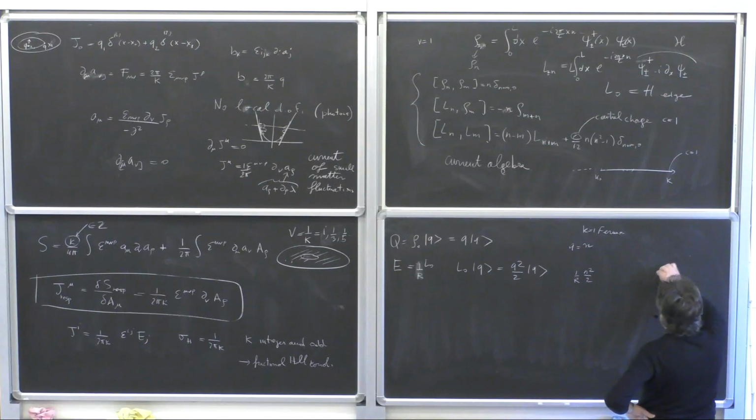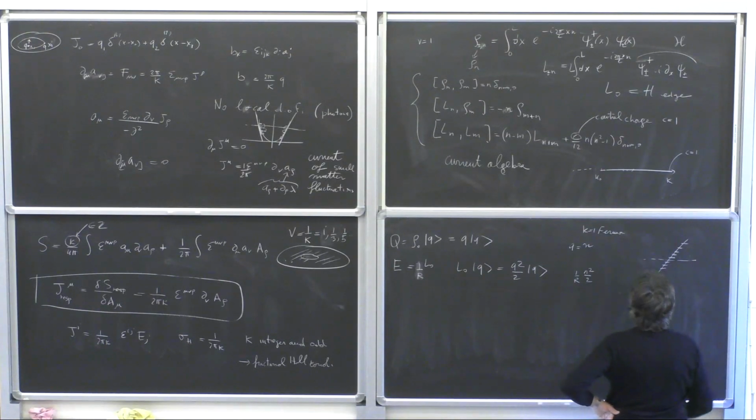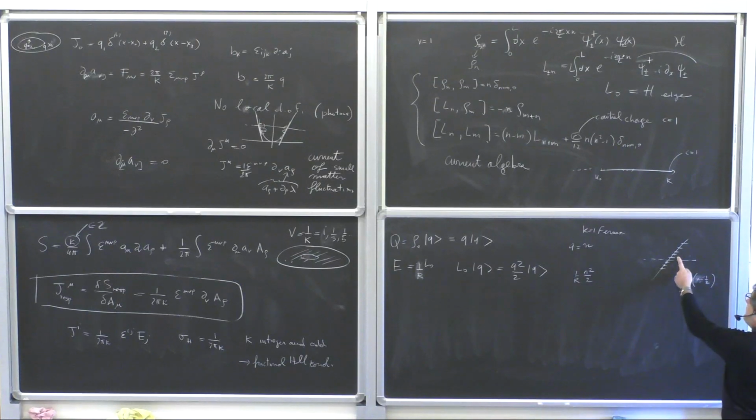So you remember you had this one chiral branch. The energy of one-particle states was n minus 1/2, and so we filled up to this point. So if I put charge 1, I get 1/2 energy.